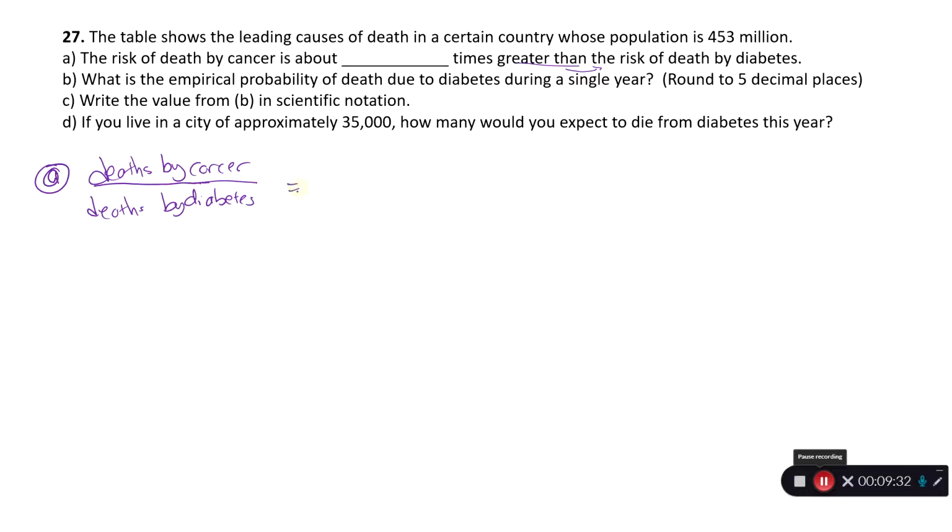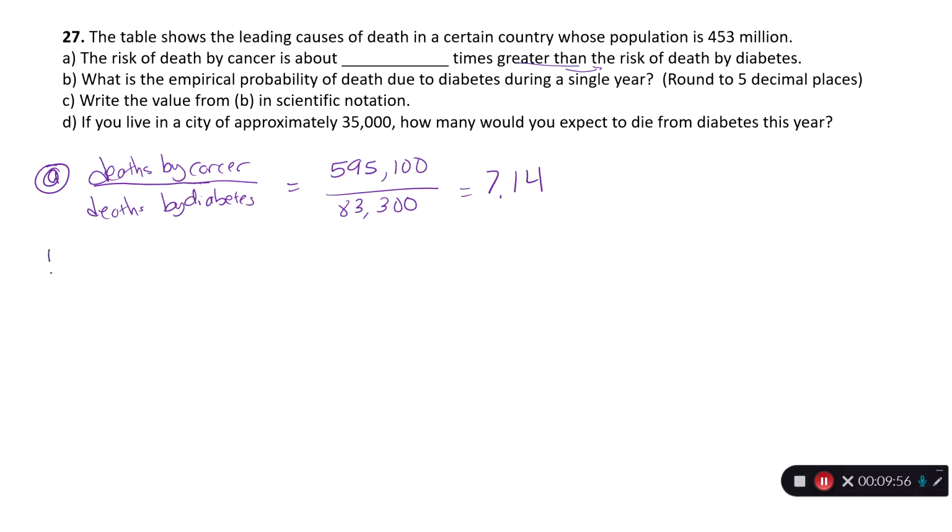From the table, cancer is 595,100, and then death by diabetes is 83,300. So we're going to divide those two. And we get around 7.1, 7.14. Either of those are great answers there on A.